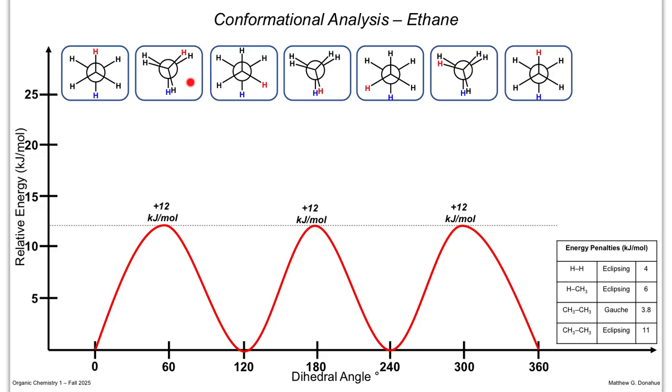As it goes down through another rotation, it's staggered again, so it goes down to 0. And then this just repeats because all of those things are the same.